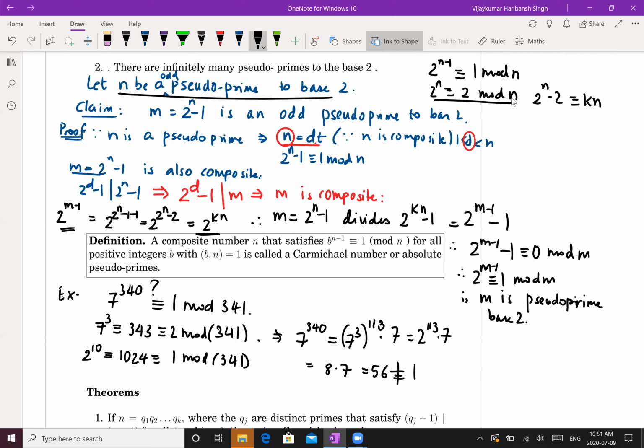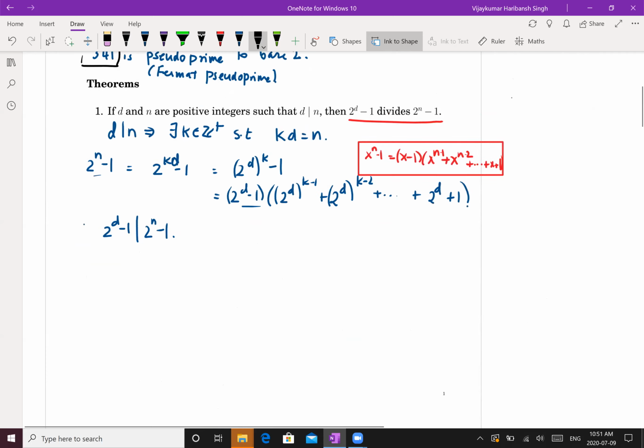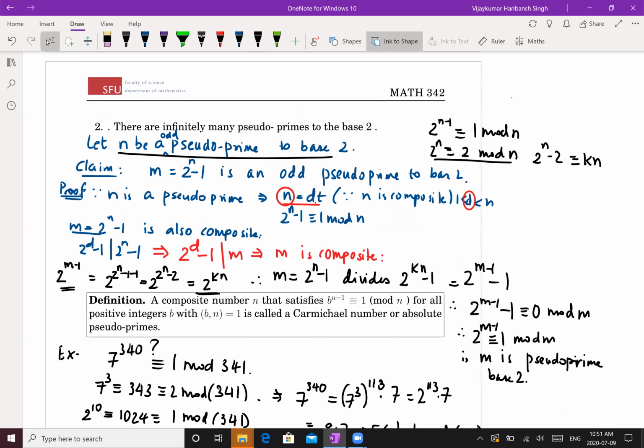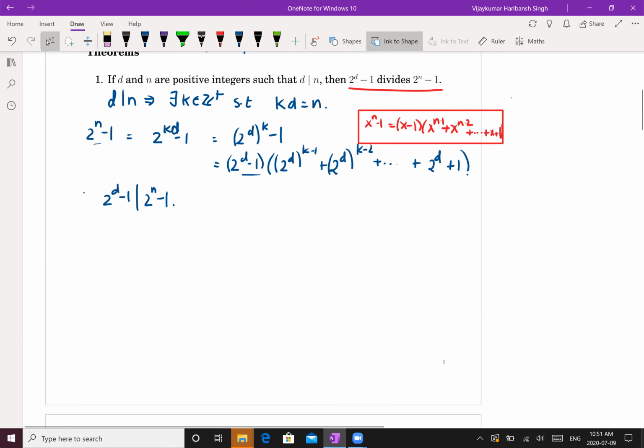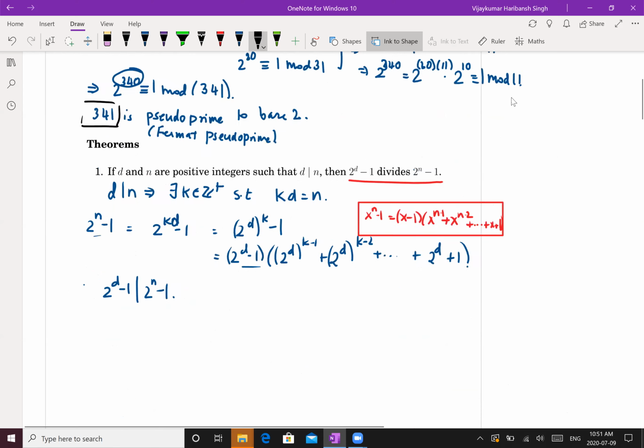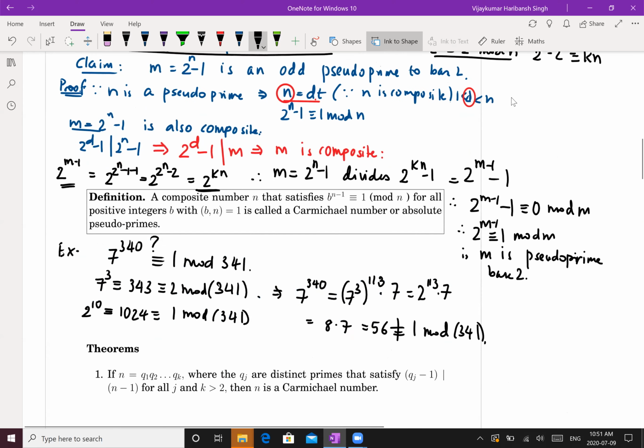That is not congruent to 1 mod 341. So 341 is a pseudo-prime base 2, but it's not a pseudo-prime base 7. So of course, when you check with these two bases, b as 2 and b as 7, you can see that it doesn't pass, so it's not a prime.